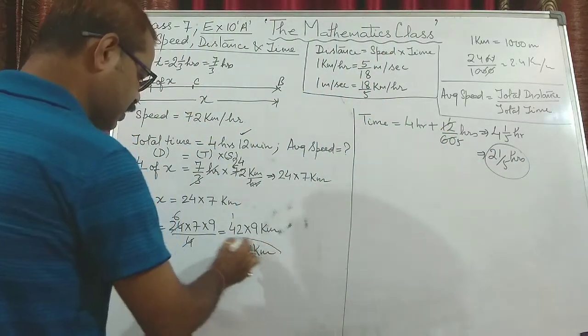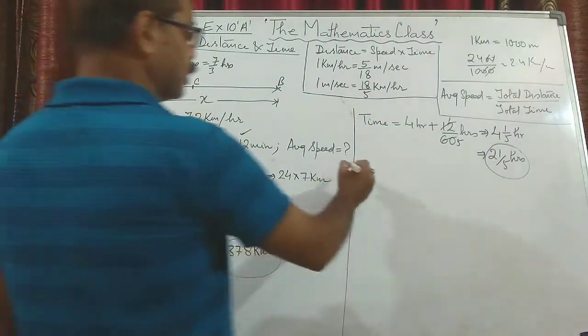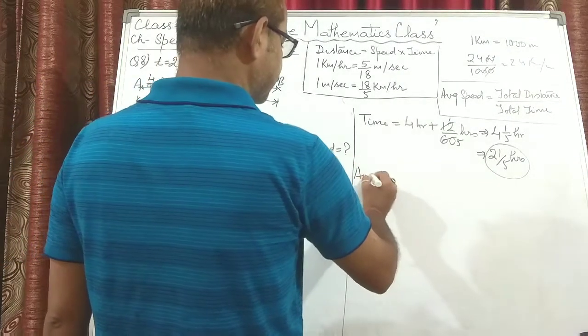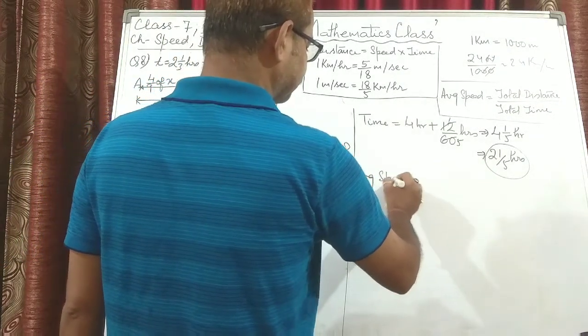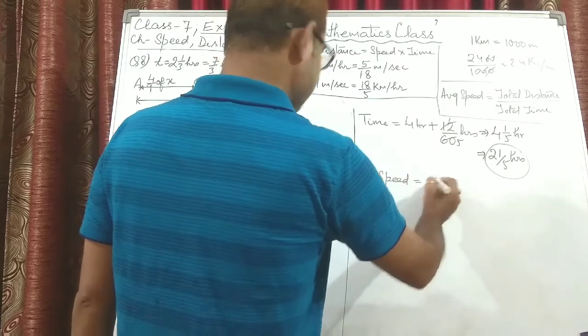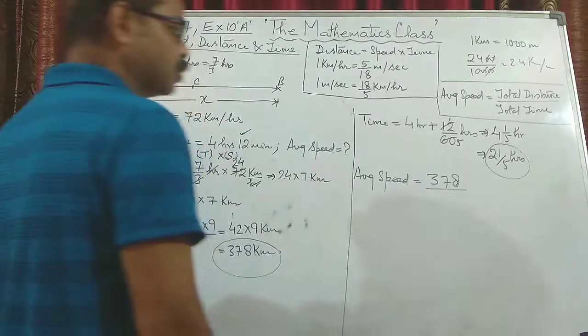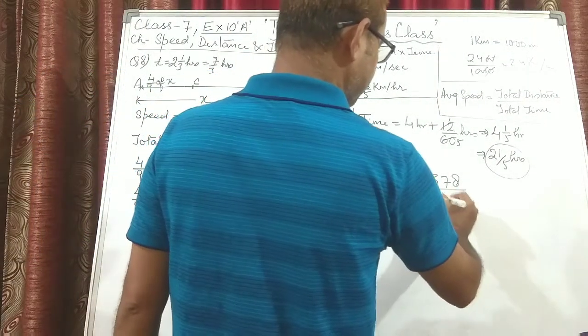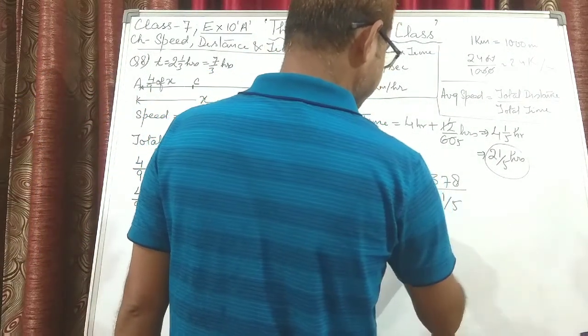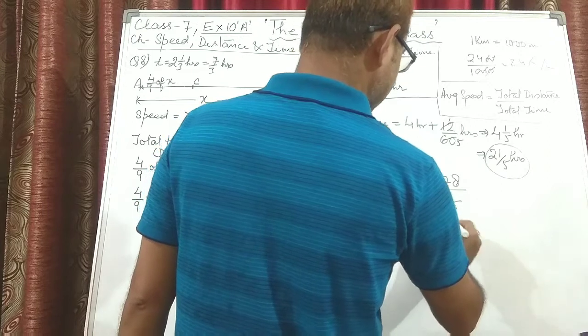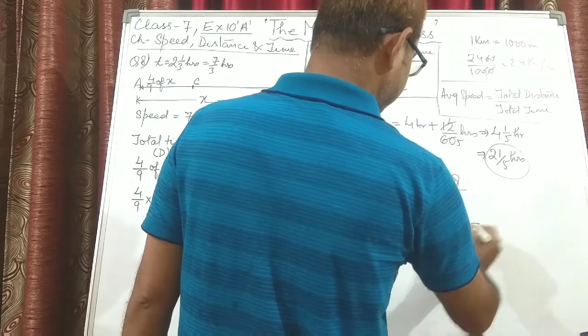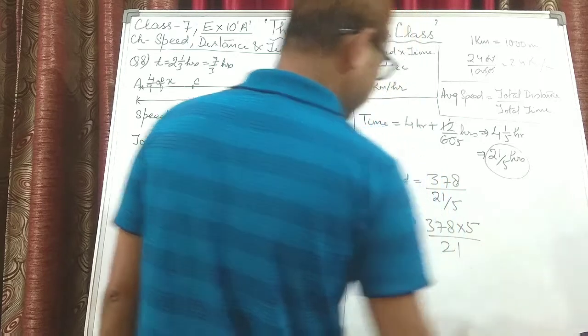We know that total distance is 378 km. So average speed will be total distance, that is 378, divided by total time, that is 21 upon 5. When it is division of division, the denominator is multiplied, so 5 upon 21.